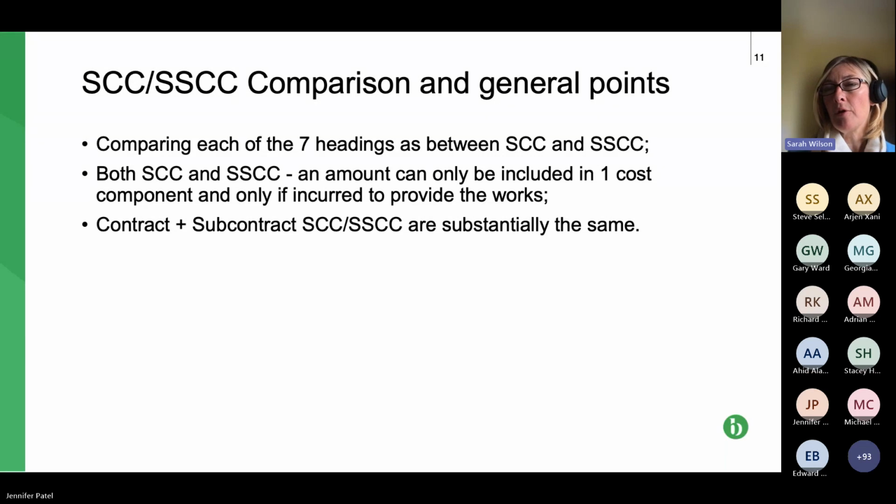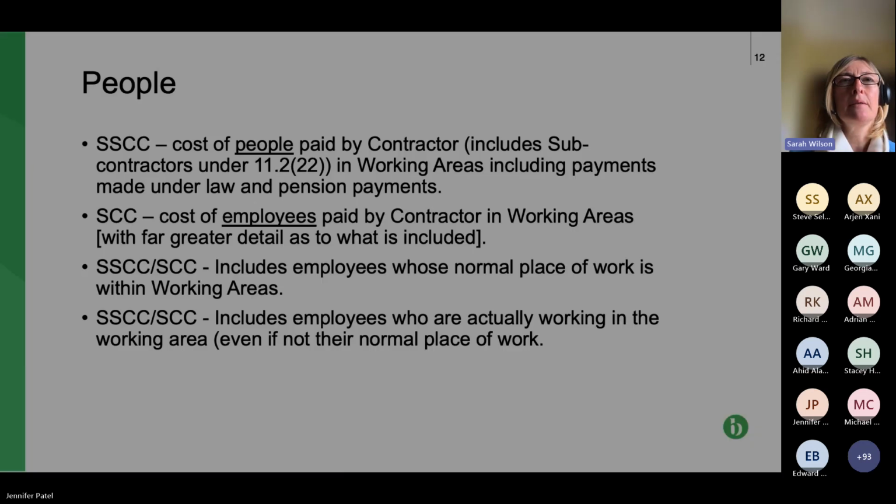If that includes the crane operator, then you claim it under equipment for a crane, including the operator. You cannot, in addition, claim for the operator under the people section in that first heading. So it's to avoid double counting, which probably makes sense, but it's expressly included in both the shorter schedule and the schedule. So if we can move on to the next slide, please, Jan.